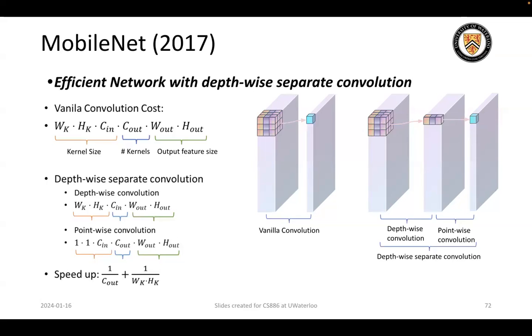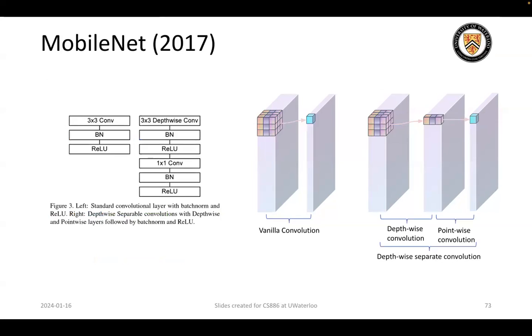You can see that this speeds up by 1 divided by WK times HK, and we can add the two speedups together. Now we have figure 3. The left is a standard convolutional layer with batch norm and ReLU, and the right is depthwise separable convolution with depthwise and pointwise layers, each followed by batch normalization and ReLU.